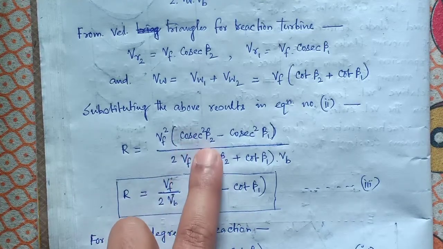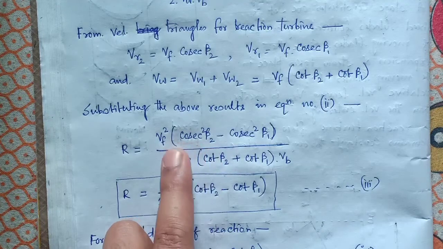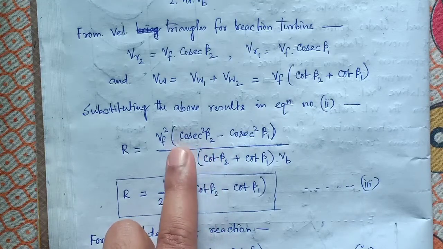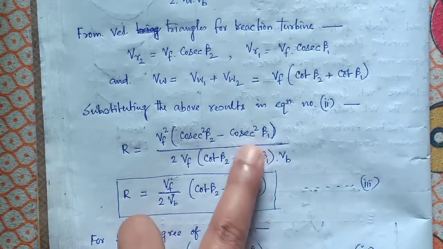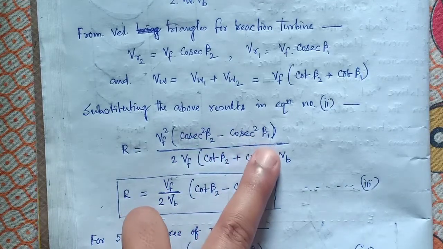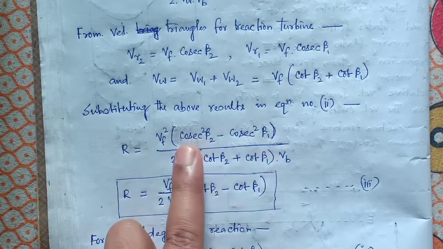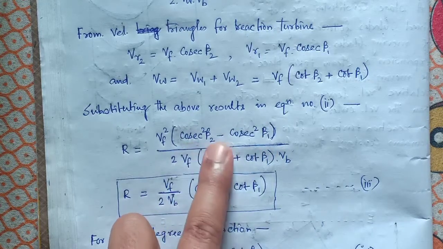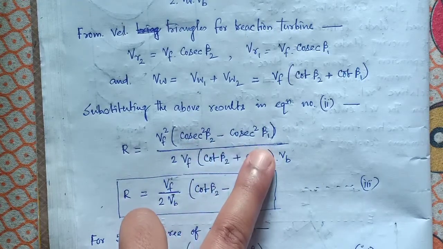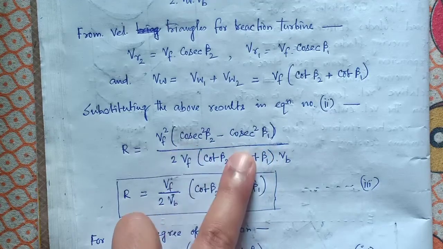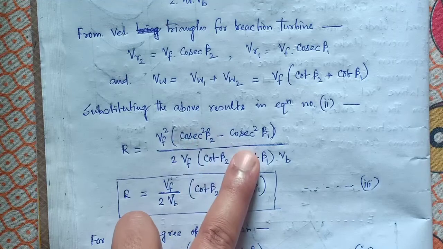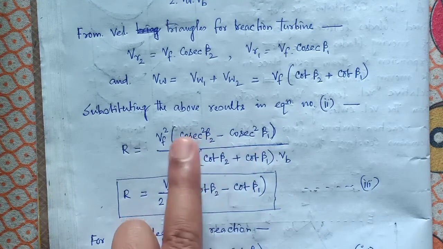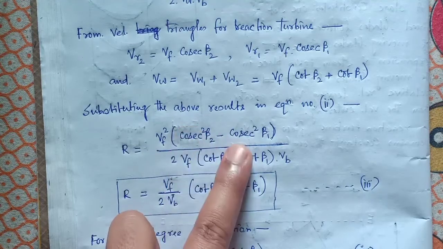So cosec square beta 2 equals 1 plus cot square beta 2, or you can say cot square beta 2 plus 1, and cosec square beta 1 equals cot square beta 1 plus 1. So you will have cot square beta 2 minus cot square beta 1. Using a square minus b square, you will have cot beta 2 plus cot beta 1 multiplied by cot beta 2 minus cot beta 1.